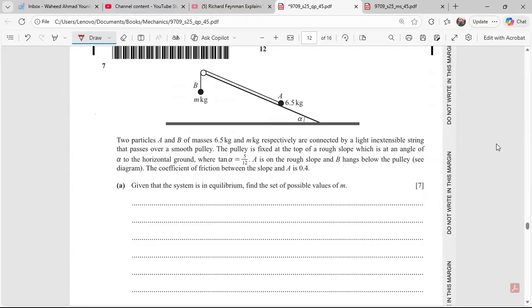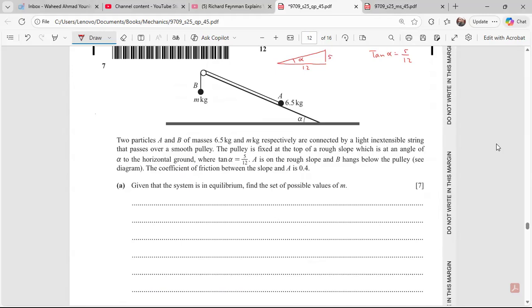First of all, we are given that tangent of alpha is 5 by 12. It means we have an angle like this. This is alpha, this is 5, and this must be 12.